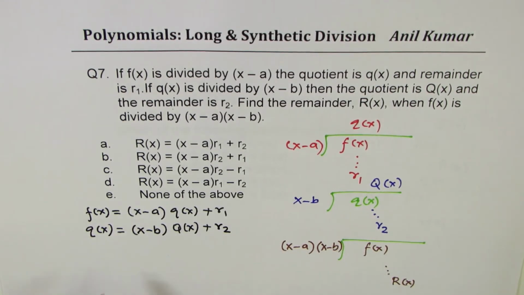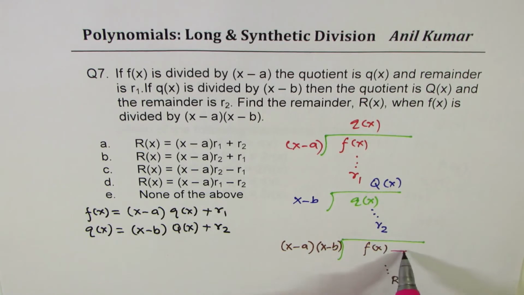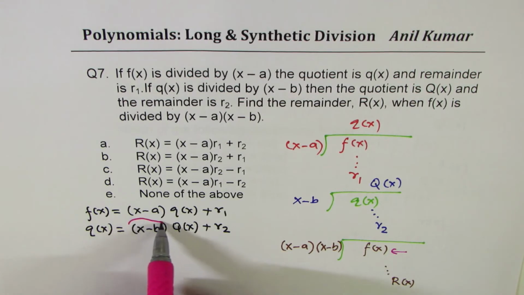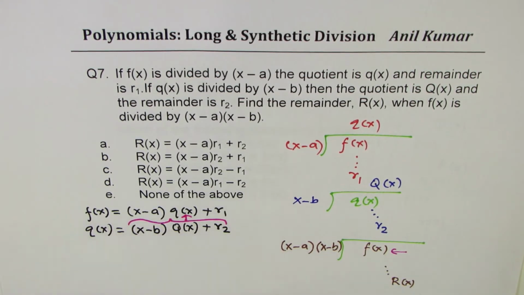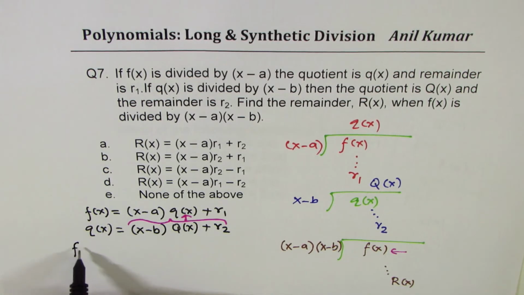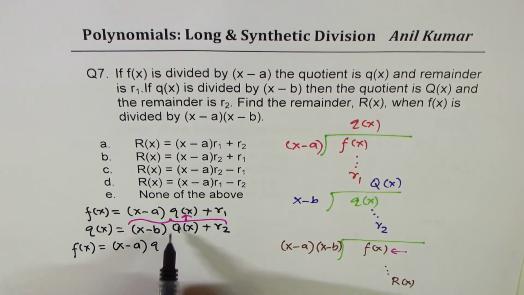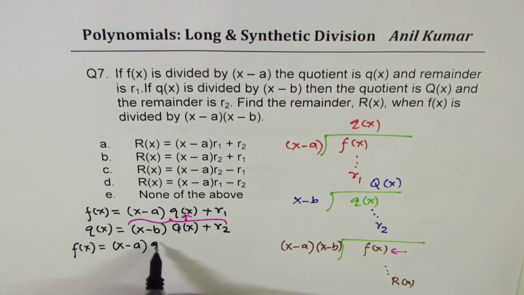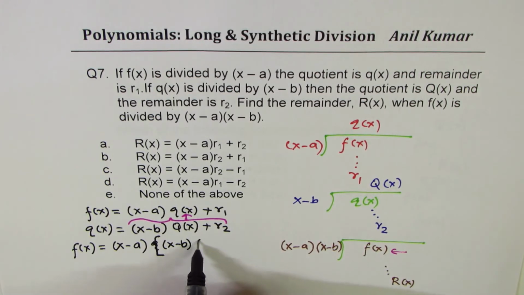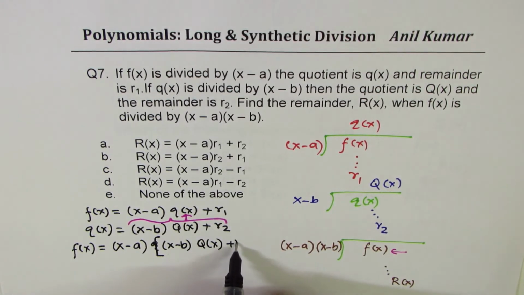Is it okay? Now we can substitute this q of x value back into the very first equation and get the final remainder. So we could rewrite our first equation as f of x equals x minus a times, instead of q of x, let me write within brackets, x minus b times capital Q of x plus r2, and plus r1.